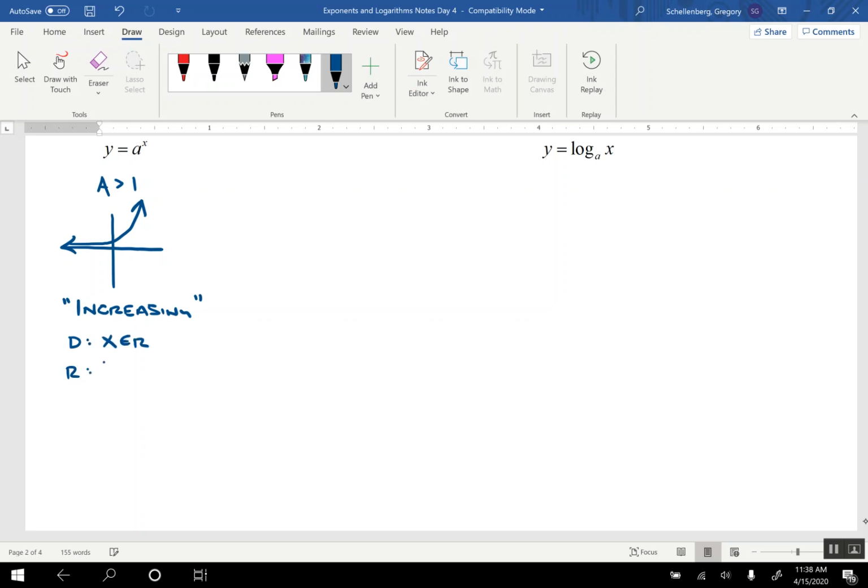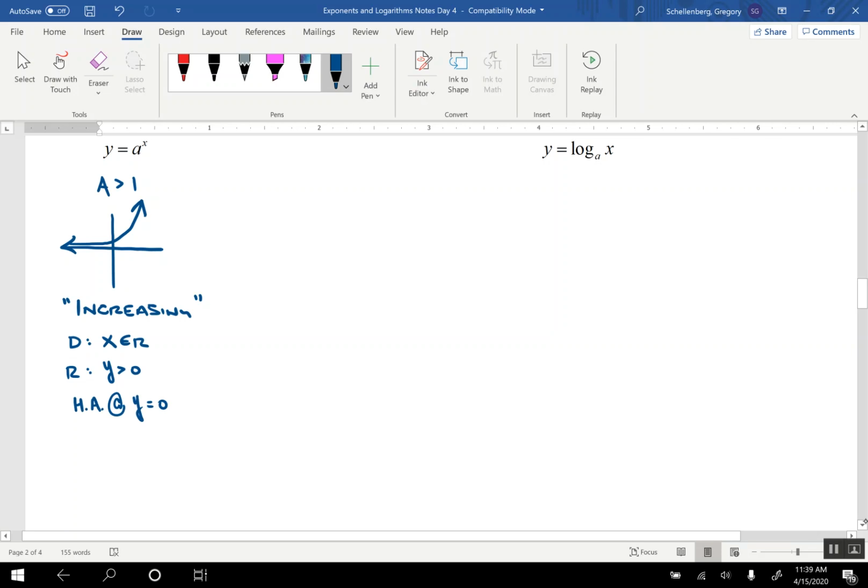The range, values of y that are greater than 0. It's got a horizontal asymptote at y is equal to 0. And it's got no x-intercepts because of that horizontal asymptote there.